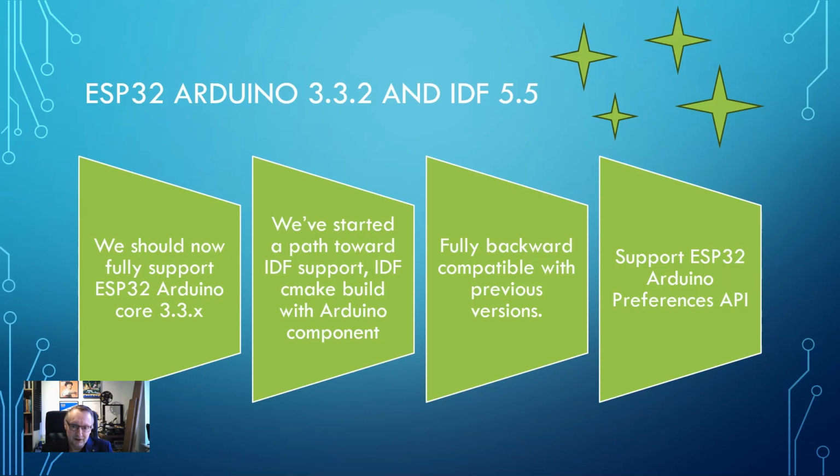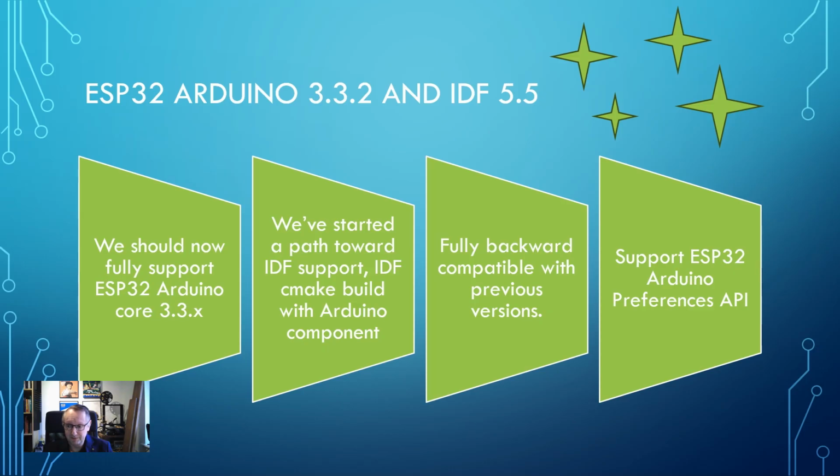So let's move on to ESP32. We've added support now for IDF 5.5, which allows you to move to Arduino 3.3, which is the latest version. We've also started a path where you can now use IDF and install our libraries as an Arduino component. We'll probably create a separate video for that at some point.